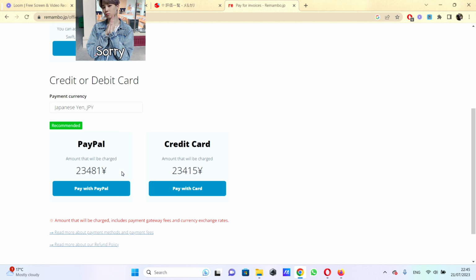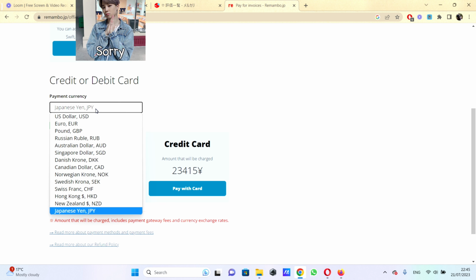The difference is not that bad. And then I always recommend to pay with yen. You can check with your currency, but basically pretty much always, your credit card's exchange rate, or even the PayPal exchange rate, is better than this website.